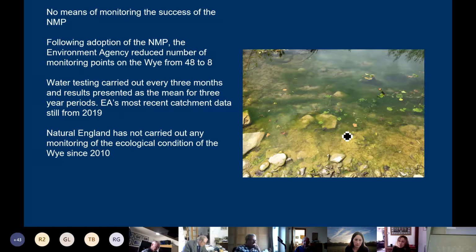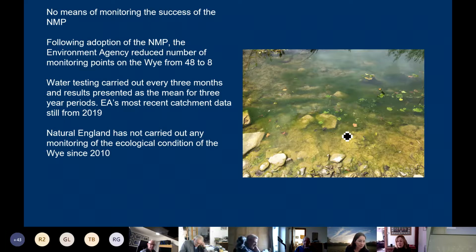And the next problem is that there wasn't actually any means of monitoring whether the plan was working. In fact, after the plan was adopted, the Environment Agency reduced the number of monitoring points on the Wye from 48 to just 8. The EA's water testing was carried out every 3 months, and then results presented as the mean over 3-year periods.